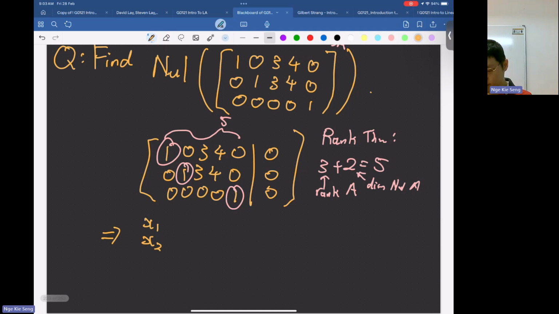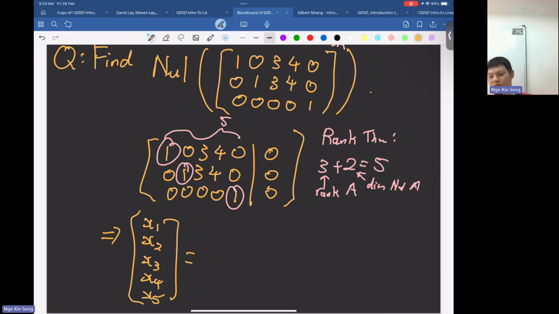So let's read out the parametric form. So this is equal to what? S3 times 3, minus 4. Sorry, minus 3.